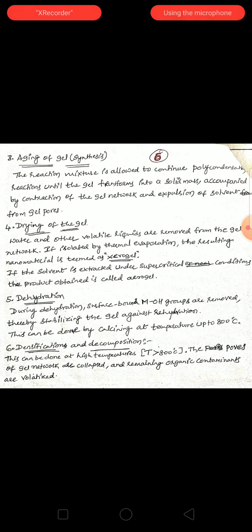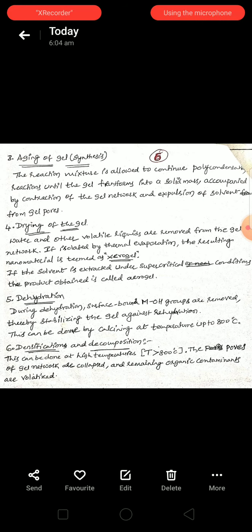As I already said, condensation polymerization is the type of polymerization that takes place between two different types of monomers.